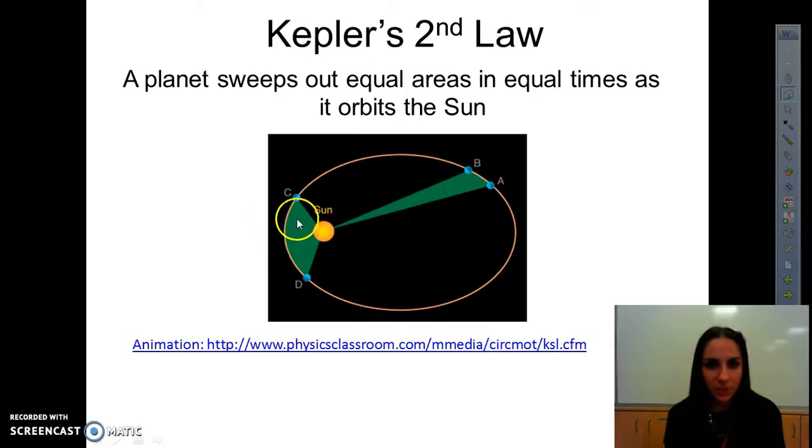In other words, if I were to calculate the area of this green triangle right here, and it took 1 hour to go from here to here, then 1 hour from here to here, this area would also be the same. That again has to do with the fact that the pull is stronger here, so you go faster here and then slower out here.